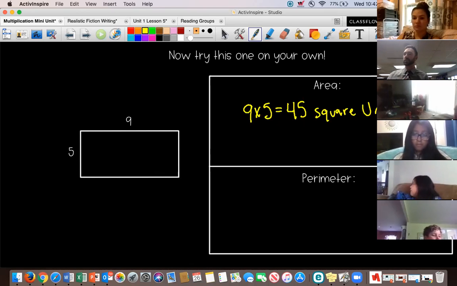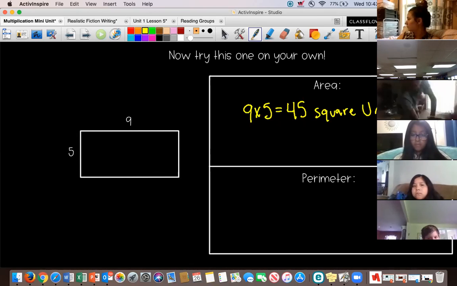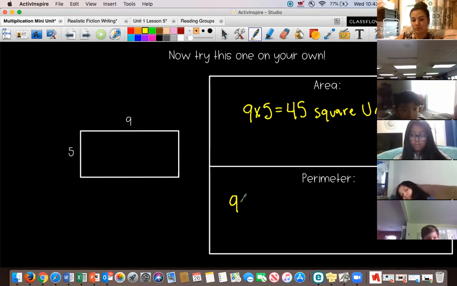Perimeter. Denise, I think I saw you did it right. Denise, talk us through what did you do to find the perimeter of the rectangle? I did 9 times 9 or 9 plus 9? 9 plus 9.